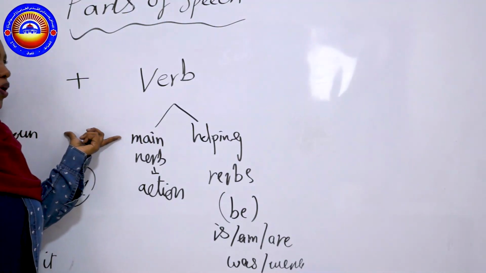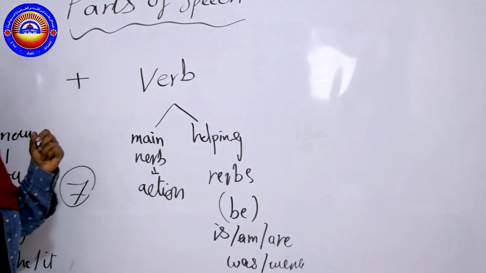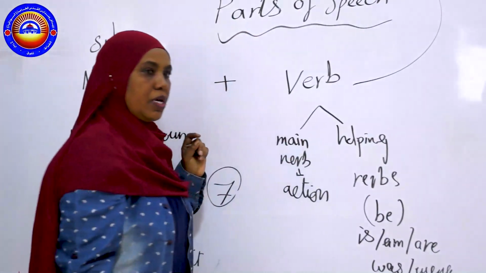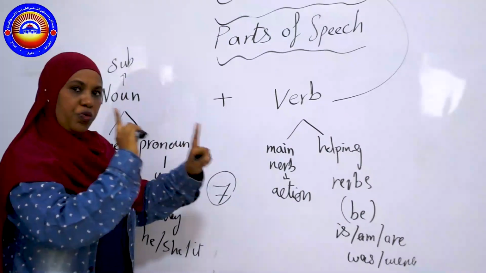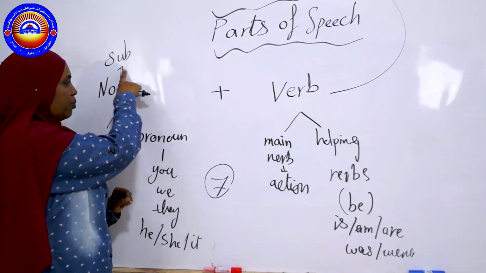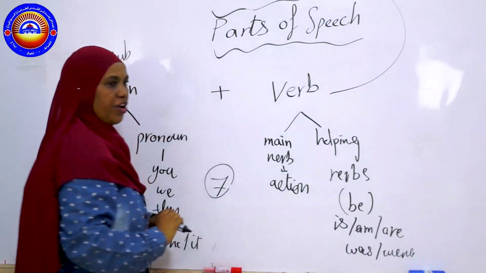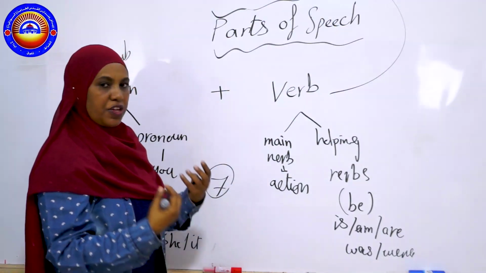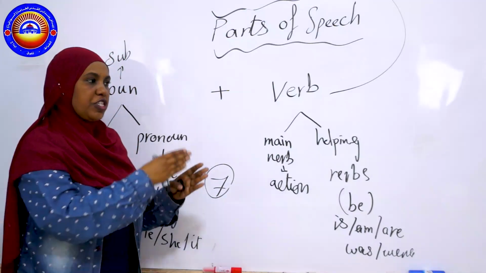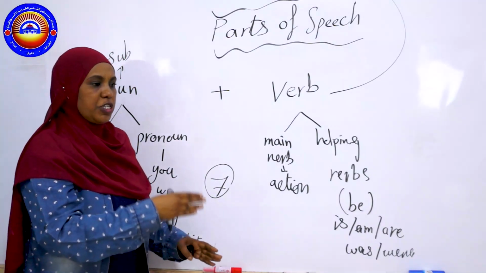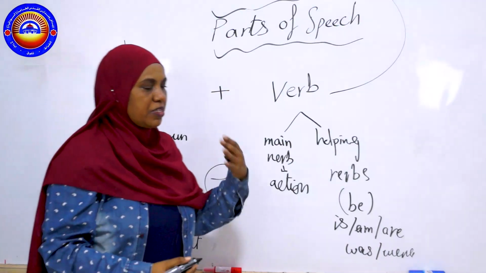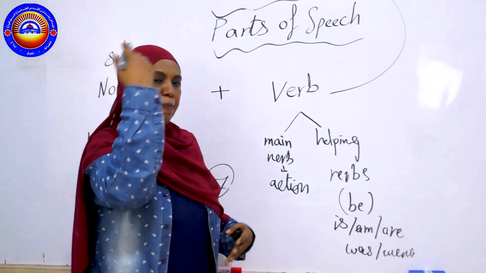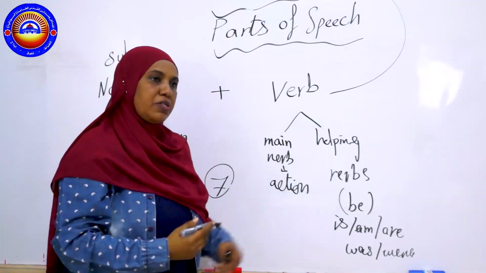So why do we need to explain this part? Because when I work with the grammar rules, I'm going to play between two things: the noun or the subject, and the verb. The verb is going to express the time of the action, whether it is present simple tense, past simple tense, present perfect, present continuous, or in the old past, the past perfect.